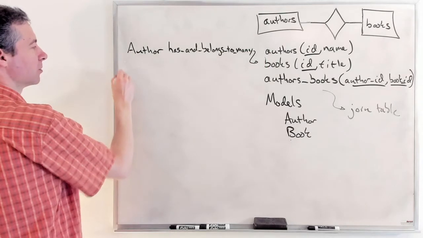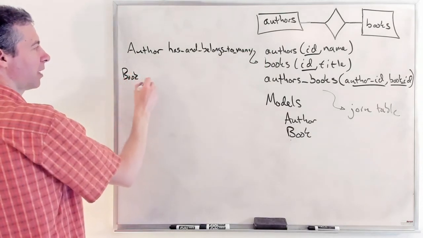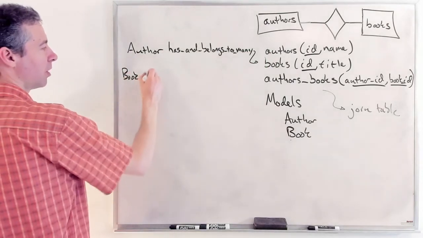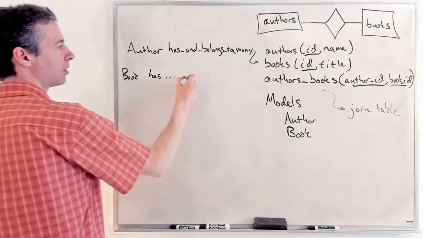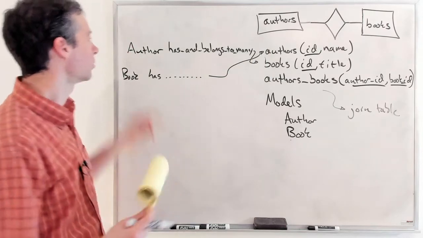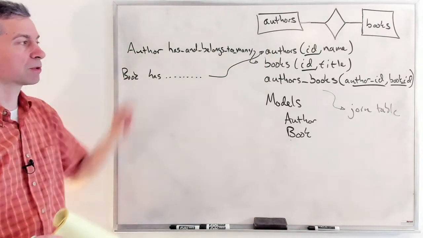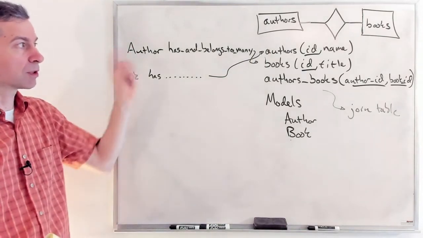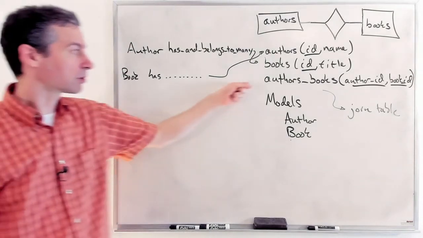And likewise, when we have our book class, a book likewise has and belongs to many authors. Okay, so we'll set up an association going both directions for the many-to-many relationship, and we'll create a join table.